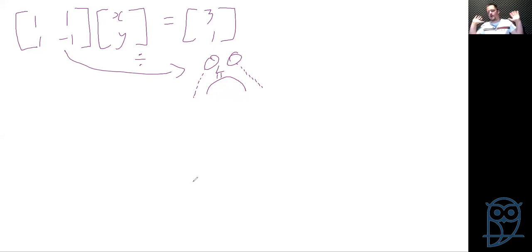Now you go, what? How is that even possible? You can always add, subtract, multiply, divide. I mean, it's one of the basic operations. Well, that's stuff that you know about numbers. Matrices are different entities entirely. As we've seen, how you add, how you subtract, even how you multiply, very different.